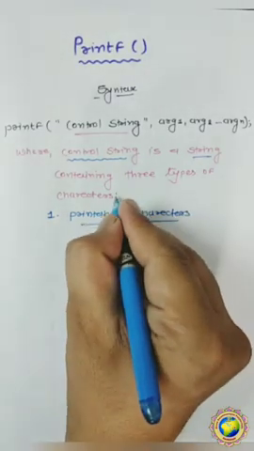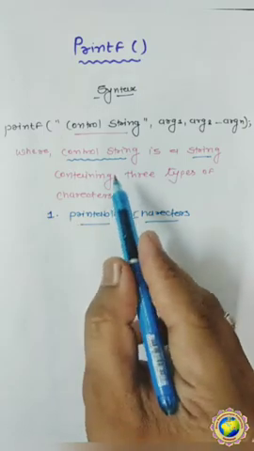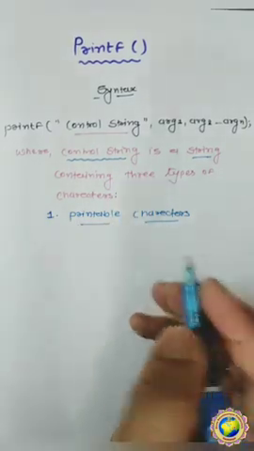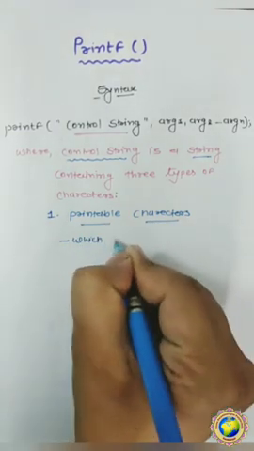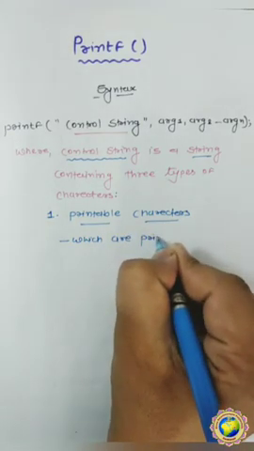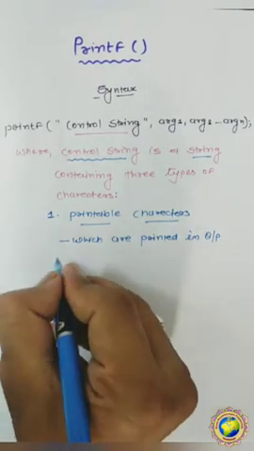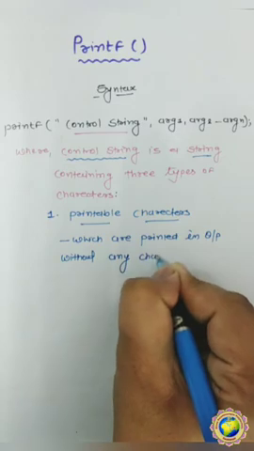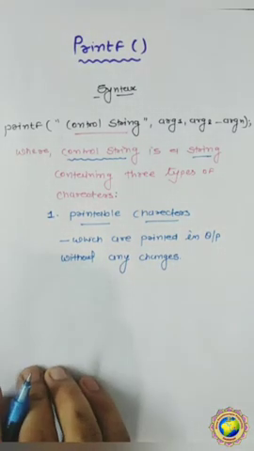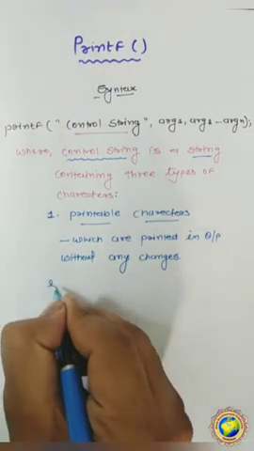The first one is the printable character, which are printed in output without any changes. એટલે કે પ્રિન્ટેબલ કેરેક્ટર એટલે એવા કેરેક્ટર કે જે આપણે ખાલી ને ખાલી પ્રિન્ટ કરાવડાવવા છે, એમાં આપણે કોઈ પ્રકારનું ચેન્જીસ લાવવાના નથી.